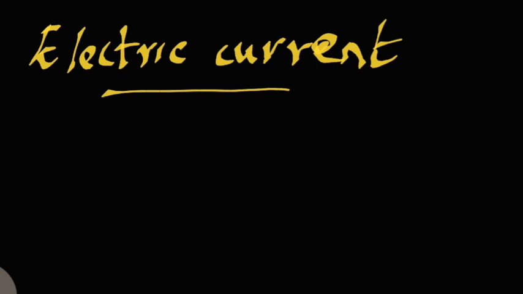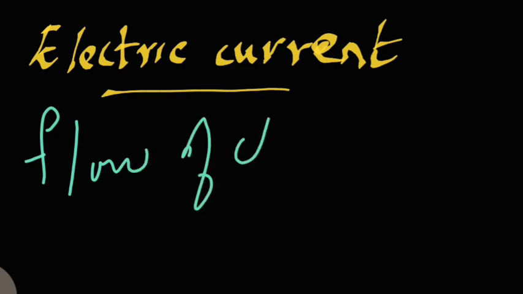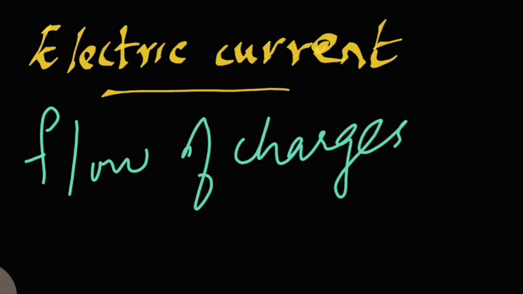Now let us see what is electric current. Okay, so electric current, generally speaking, is actually the flow of charges. You know, there are positive charges and there are negative charges, or electrons are there, positive charges are there.